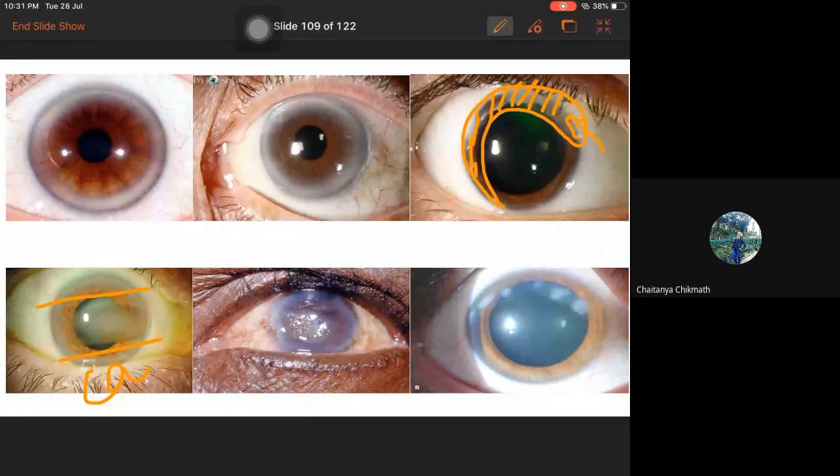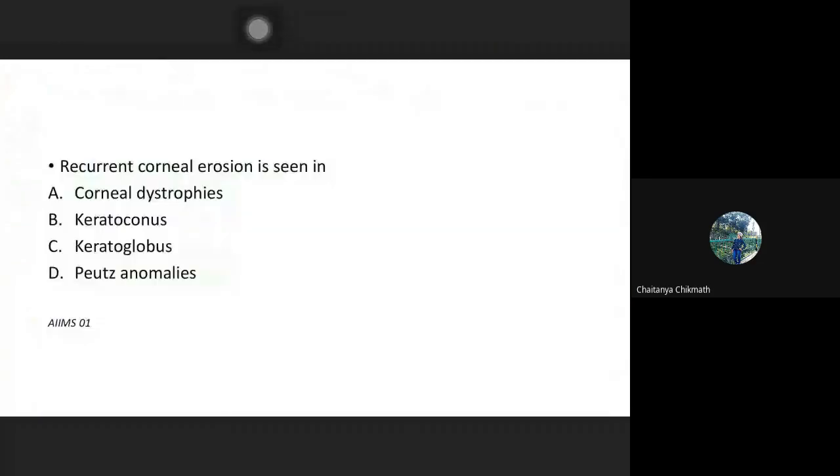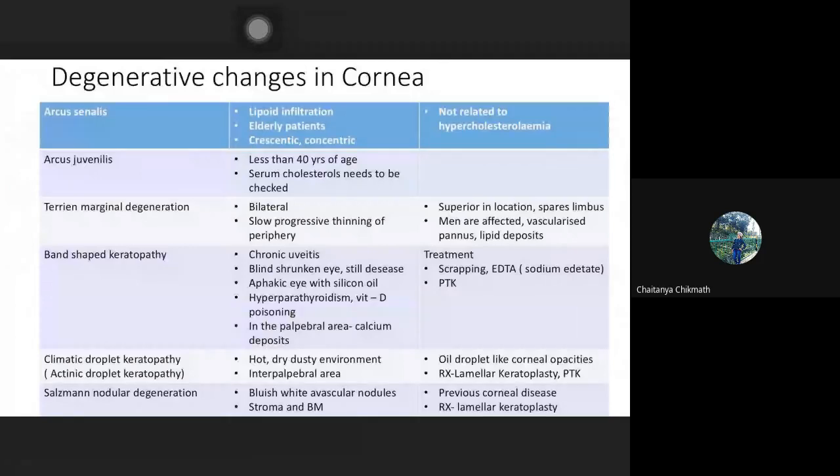Normally it's seen in cases with chronic uveitis, or after intraocular surgeries like vitrectomies or aphakias, or in phthisical eyeballs or blind eyes, or systemic problems like hypoparathyroidism or vitamin D poisoning. Normally you see it in the interpalpebral area.